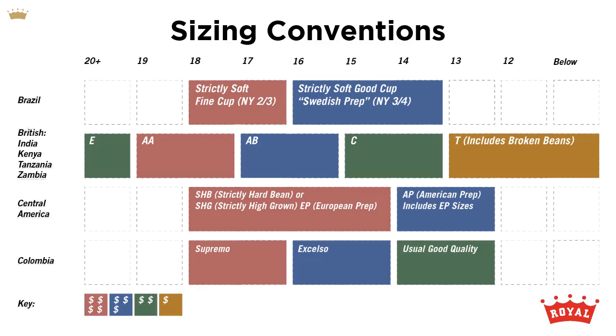Starting at the top of the chart, in Brazil, if you're looking for the largest and highest quality beans, typically what you're looking for is that strictly soft fine cup, the 17s and 18s. A lot of times you'll see this NY23, or in the case of lower grades, a 3-4 perhaps.